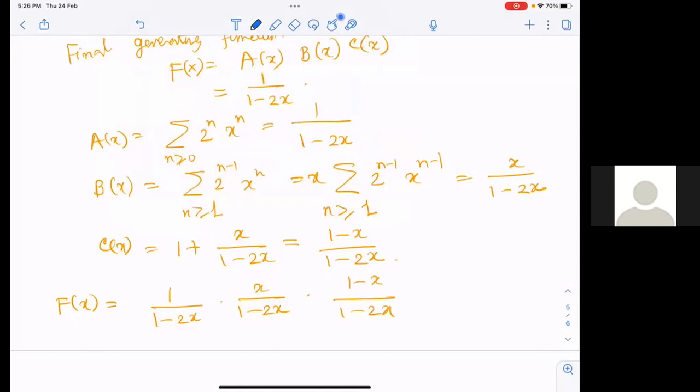It's a product. We don't like a big product. Rather, we would like a sum, because a sum we understand very easily. So how do we go from this product structure to a sum structure? We can use the binomial theorem. For example, for x by 1 minus 2x, the x on the top, we can add and subtract half.